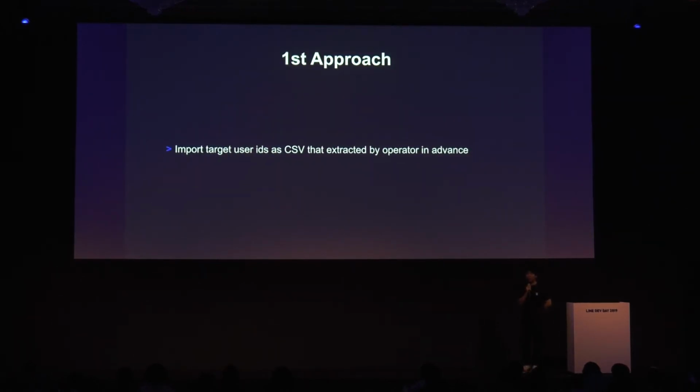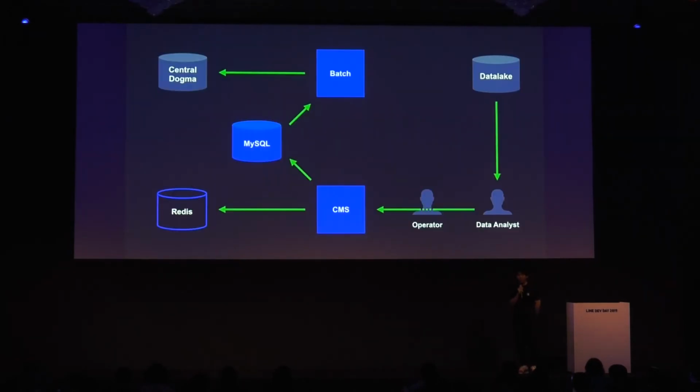So first, let me talk about the initial implementation, our first approach. In the initial implementation, we were trying to have the system extract the user ID from attributes. We did not have much time, so for that part, we decided to do a manual operation. In terms of the system, the targeted user ID list, which was extracted prior, is uploaded in CSV format.